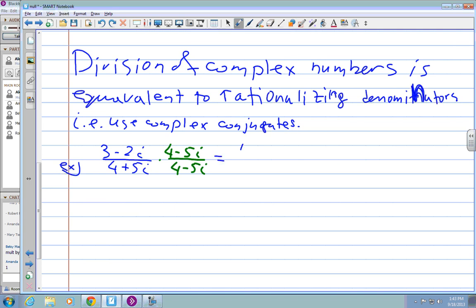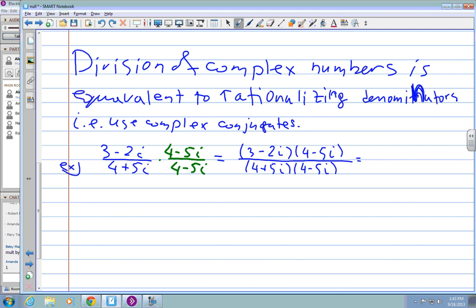So that means in the numerator we have the product of 3 minus 2i and 4 minus 5i, while in the denominator we have a product of 4 plus 5i and 4 minus 5i. So we'll have to FOIL in the numerator, and in the denominator I can use my little formula, which just tells me to take the real part, square that, plus take the imaginary part, square that.